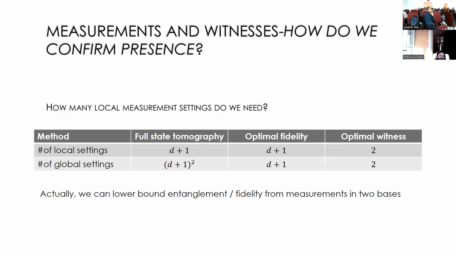And then of course, how many measurements do we need? It all depends on how many outcomes each measurement can distinguish. This depends a lot on the number of detectors I have or the way I do the measurement. But in principle, if I have d outcome measurements, then I would need (d+1) squared global settings.